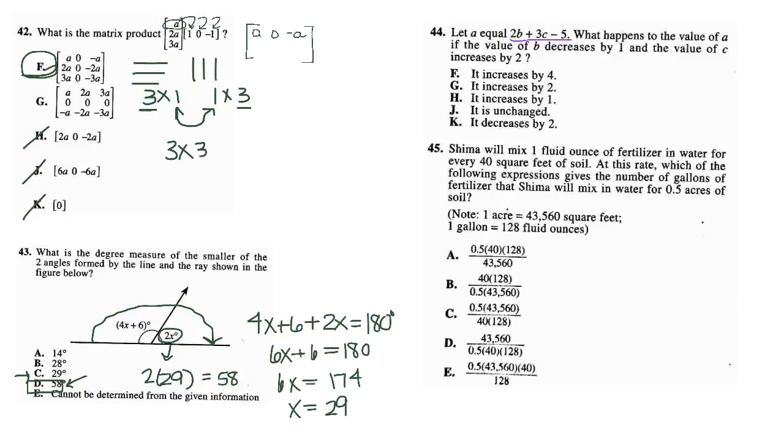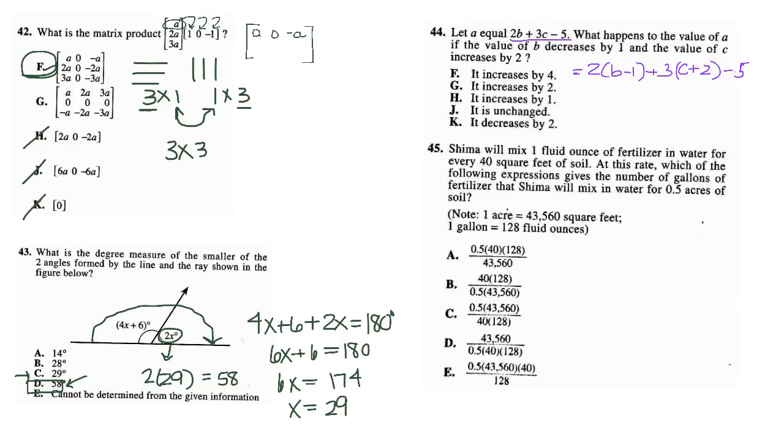So let's see what the new A is going to be equal to. So I have 2 times B, but B is going to be decreased by 1. And the value of C is increased by 2. So I have plus 3 times C, but in place of C, I'm going to put C plus 2. Because C is increased by 2. And we still have our minus 5 here.